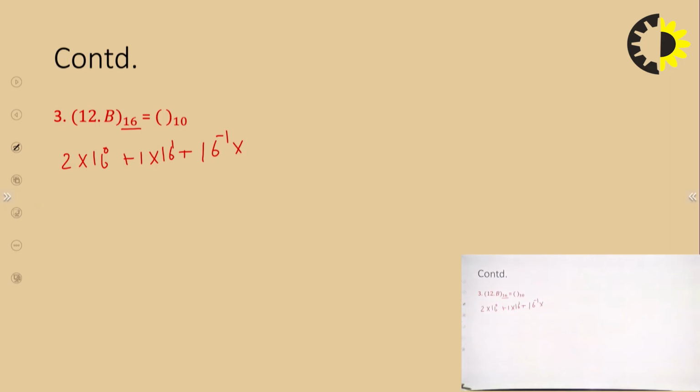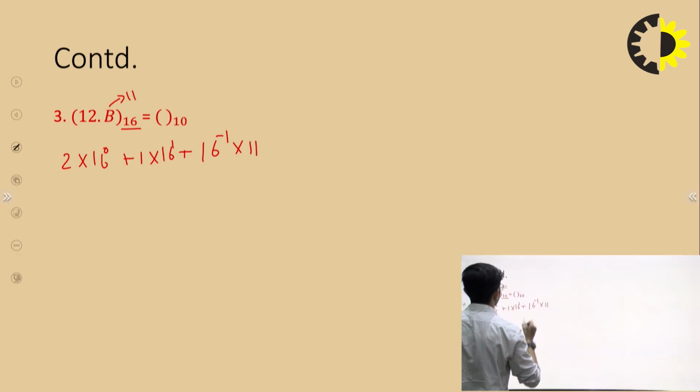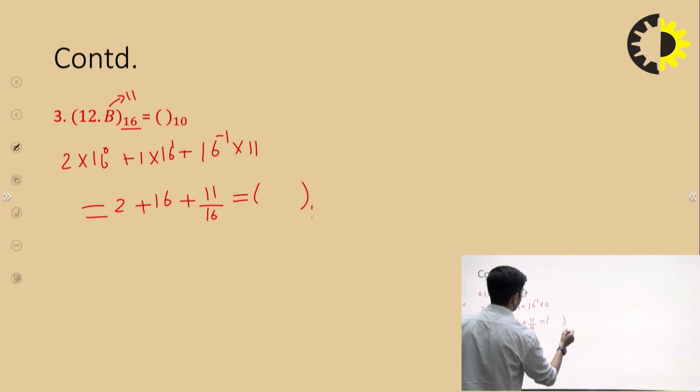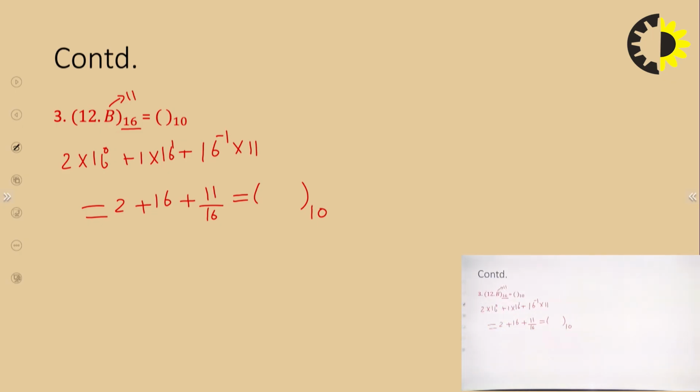As I explained earlier, in hexadecimal, after the 9, the digits are represented by A, B, C, D, E and F. So A is 10, B is represented as 11. So 16 to the power minus 1 into 11, which is equal to, 16 to the power of 0 is 1, so 2 plus 16 plus 11 by 16. If we add this number, we get our decimal, the hexadecimal to decimal conversion of this number.